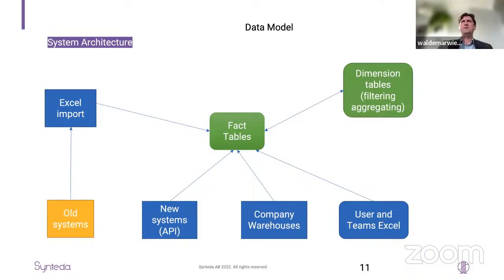But to understand the difference between fact tables and dimension tables, if you go back to the simplest case, it's sales. If a company sells something, this is some kind of event, something which happens.